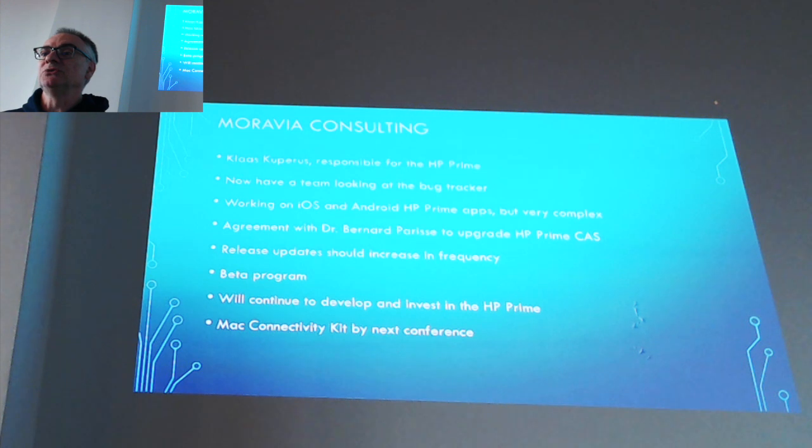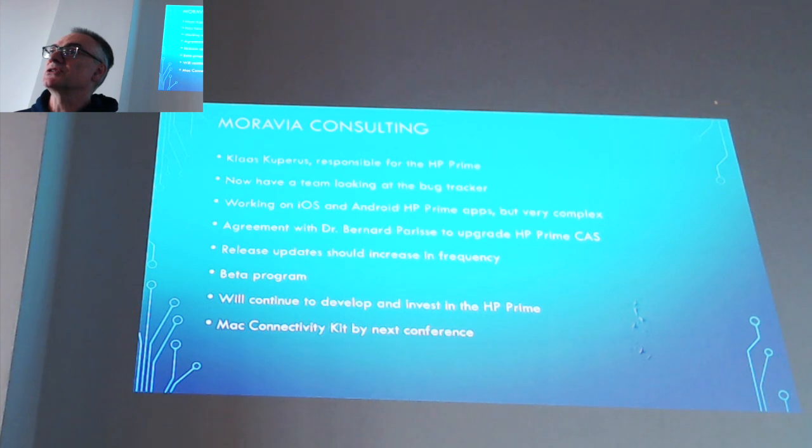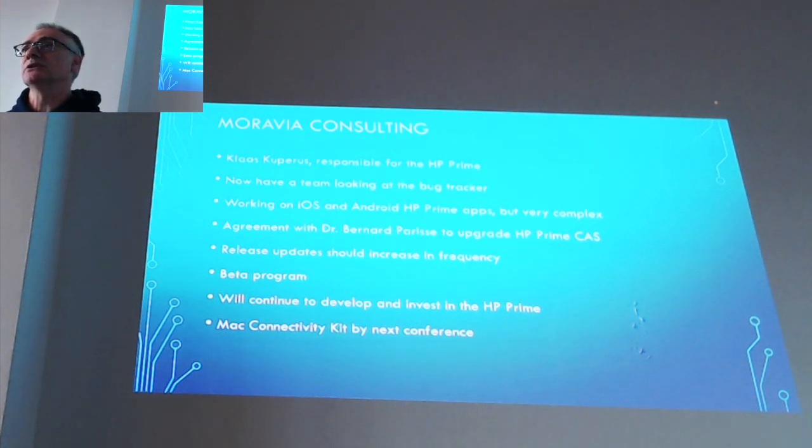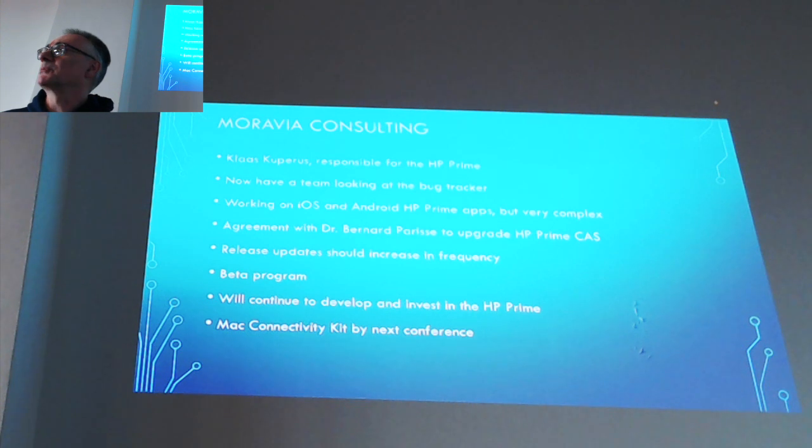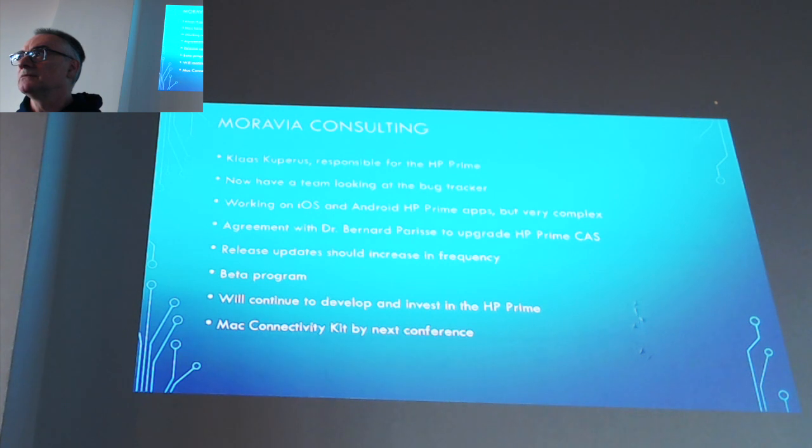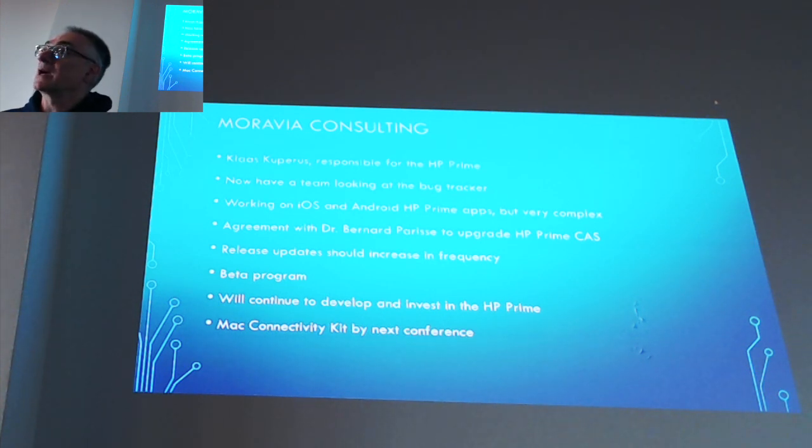They are going to continue developing and investing in the Prime, and I did point out that at our conference last year he promised me a new connectivity kit for the Mac that doesn't crash every time I disconnect the calculator, and he apologised for not having done the third of his 3 promises. So he did the 12C update. Is that right? Yeah. He did the 15C CE. He did do the connectivity kit for the PC, but he's not yet done it for the Mac. And they did bring out a new version of firmware as well, didn't they? So there were 4 things actually. Yeah.